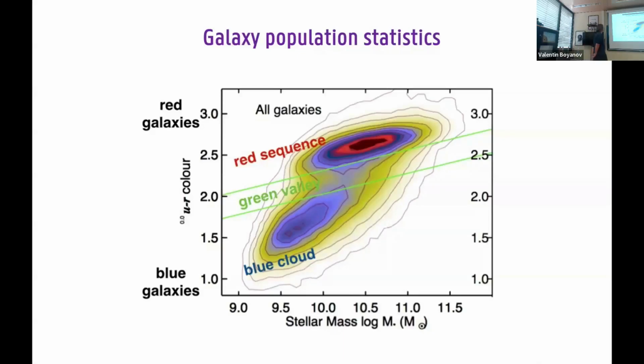You have here the blue cloud. These are relatively blue, not so massive galaxies, typically small spiral galaxies. Then you have the red sequence. These are the elliptical redder galaxies. So why do we have this bimodality? Can we explain that from physical principles? Something we try to find out.